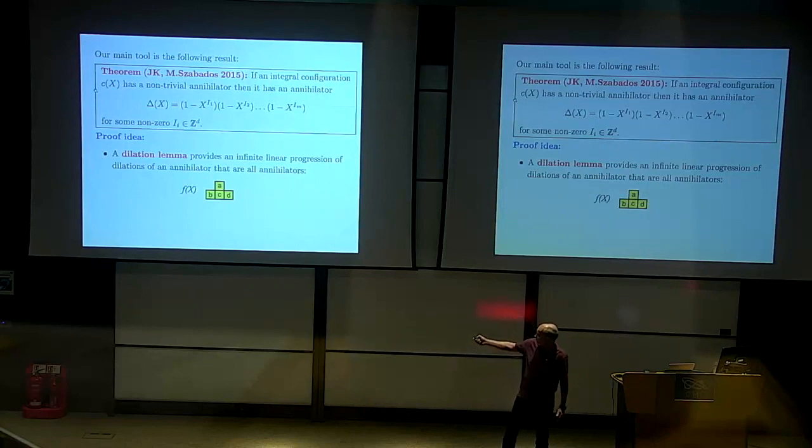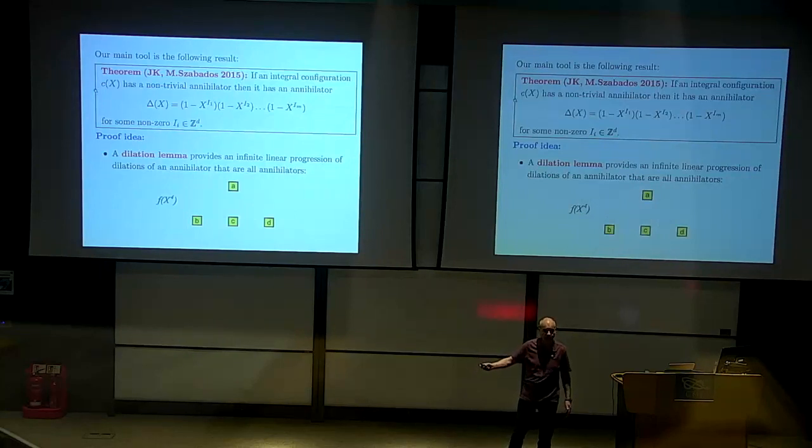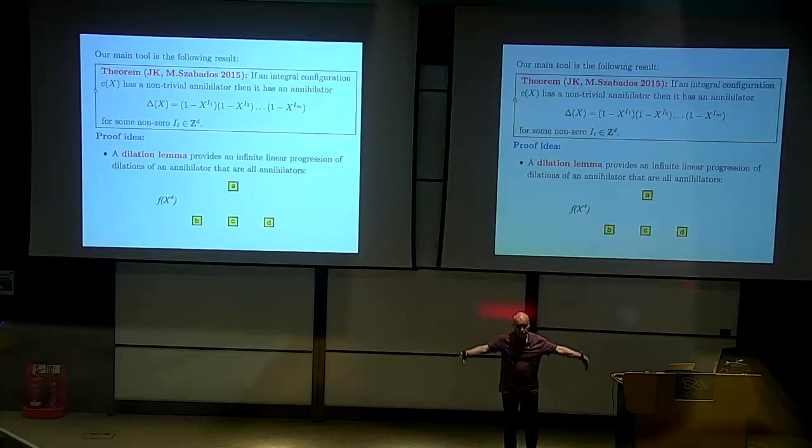So if f is an annihilator, then maybe f squared, f of x to 3, x to 4, and so on, are all annihilators automatically. There's some infinite progression of larger and larger dilations of your polynomial that are automatically also annihilators.